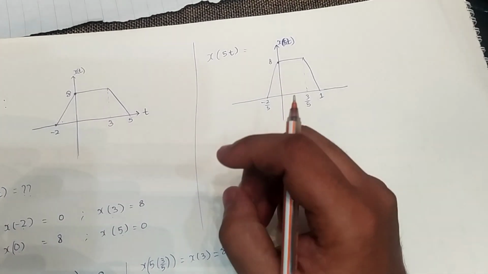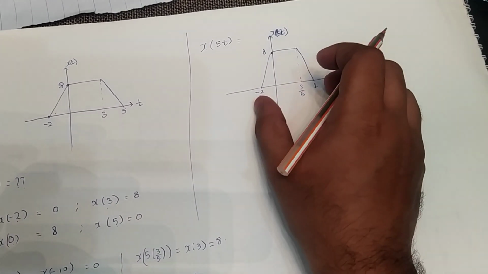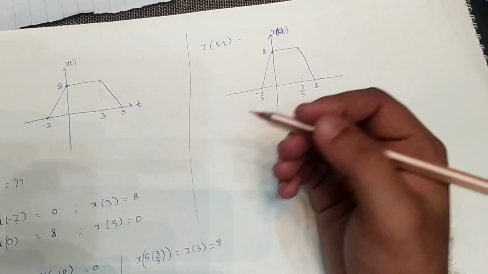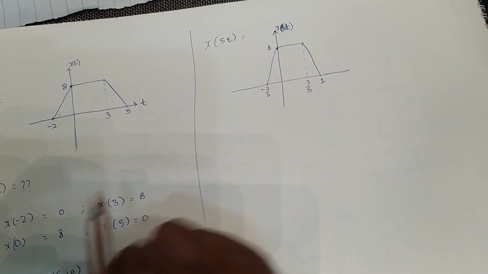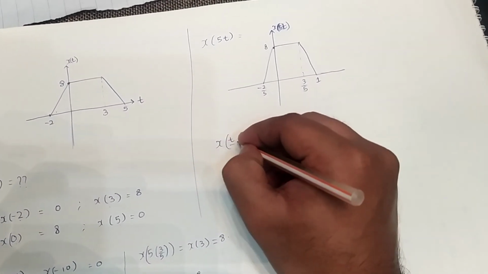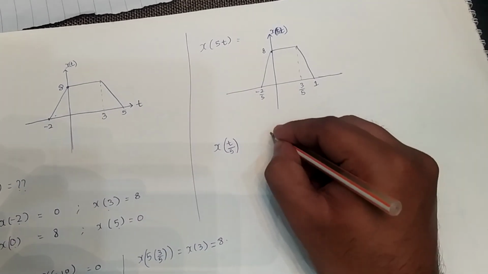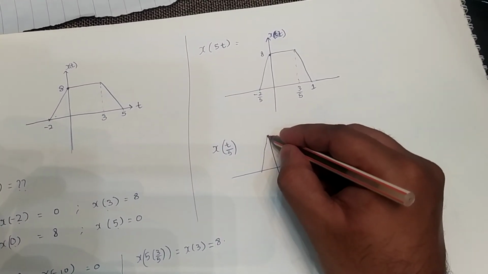And a quick analogy question: if when I'm multiplying by 5 it got shrunk by 5, so when I'm dividing it by 5 it will just get expanded by 5. So x of t by 5 will look like the same thing, only the shape is again going to remain the same.